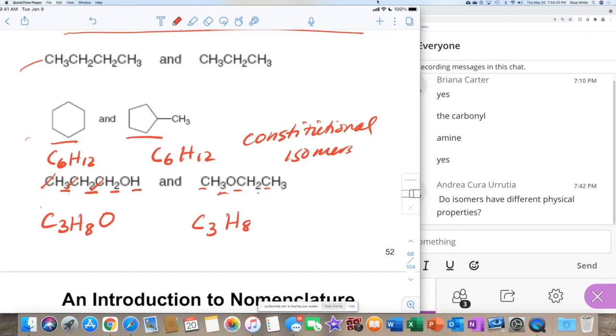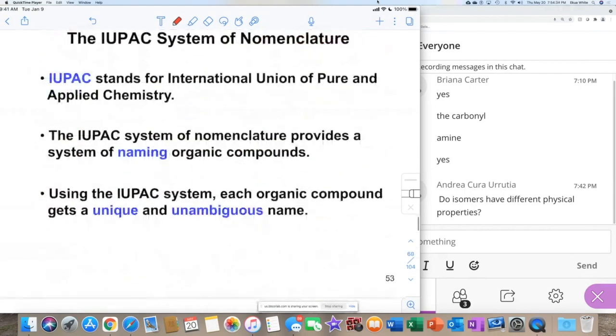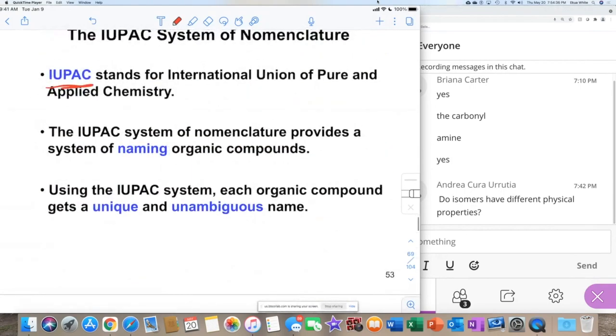So H8, and then 1 O. Different functional groups, but they have the same molecular formula. So these are also constitutional isomers.